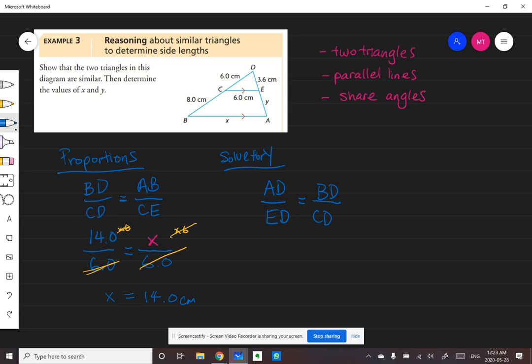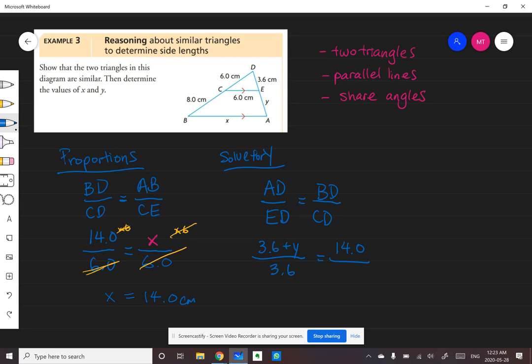So with AD, I don't actually know what AD is because I just have 3.6 and y, so I actually have to add those together. And that's okay. But ED, I do know what that is. It's just 3.6. For BD, that's going to be 6 plus 8 again. That's 14.